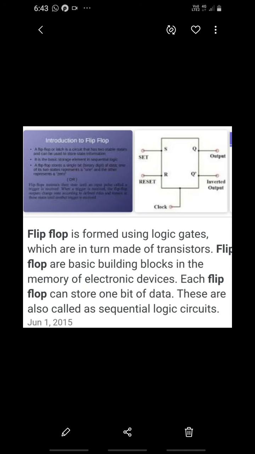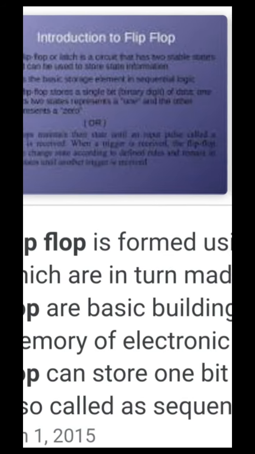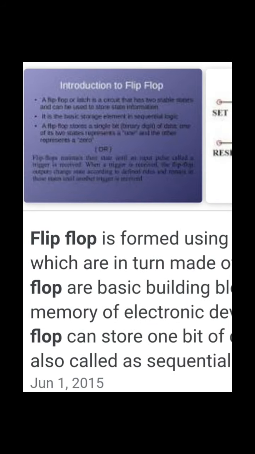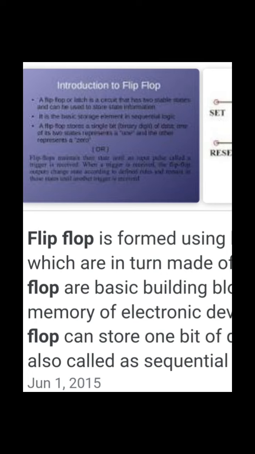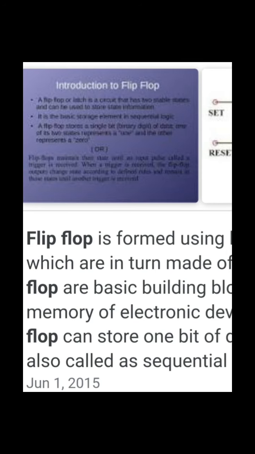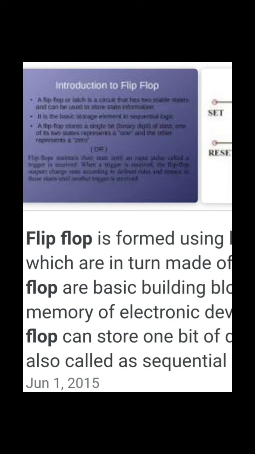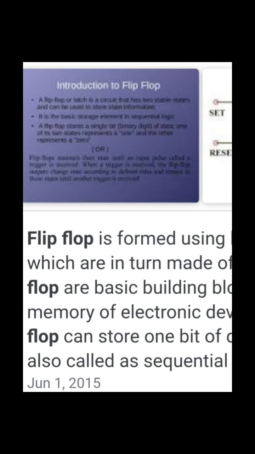Next, flip-flops. Flip-flops are sequential logic circuits.